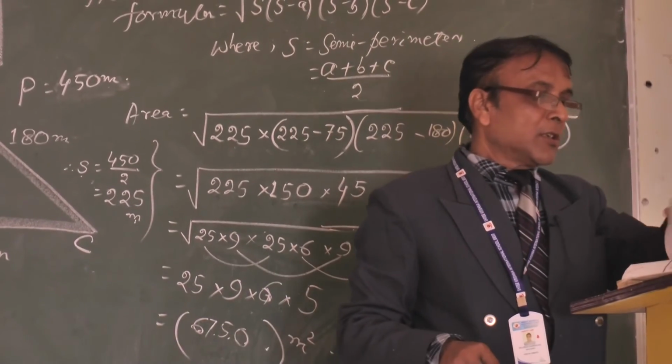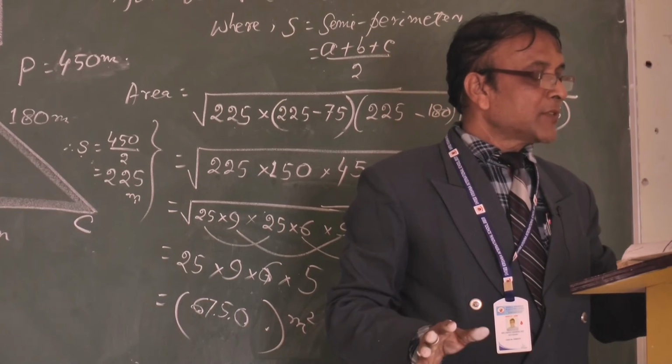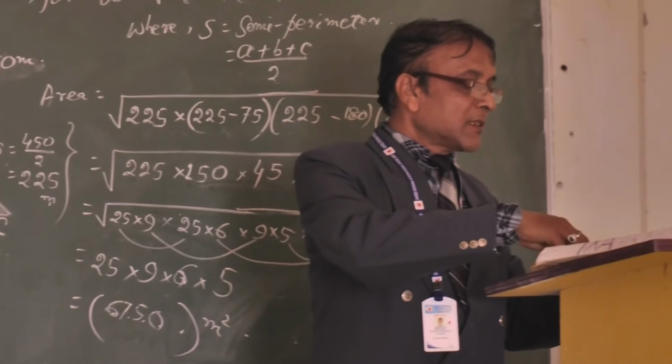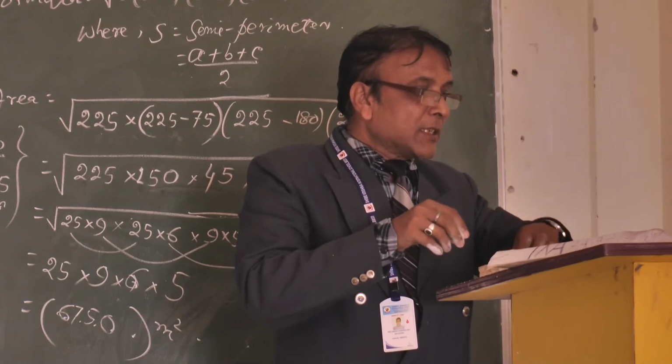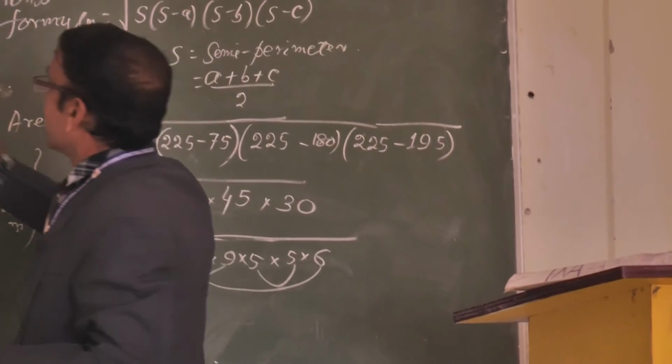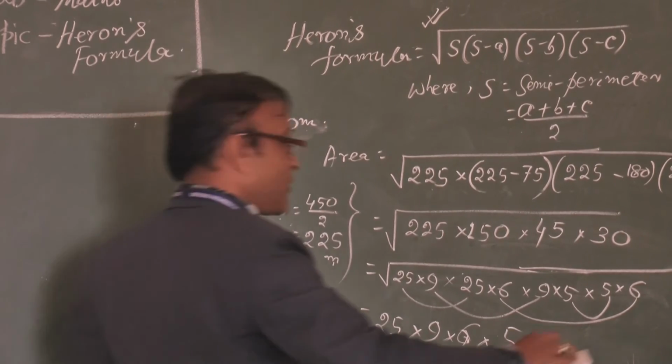Here in the question, all the things are written the same way. One final question, the last question I am doing, then homework will be given to you and you will do it at your house and you can ask me your doubts.